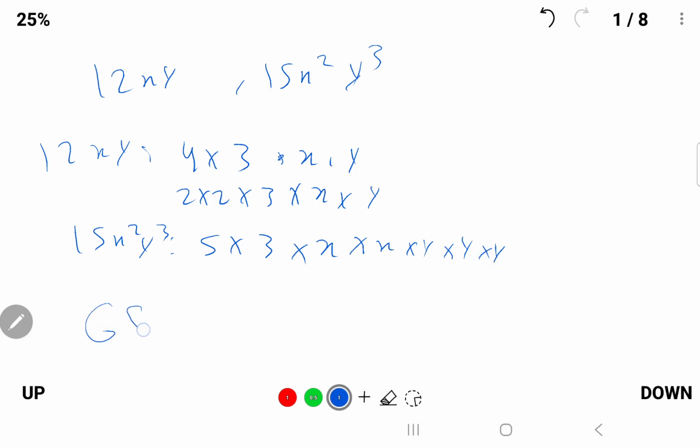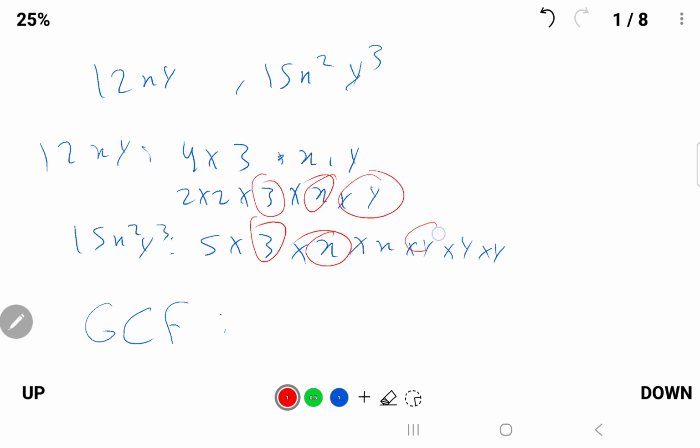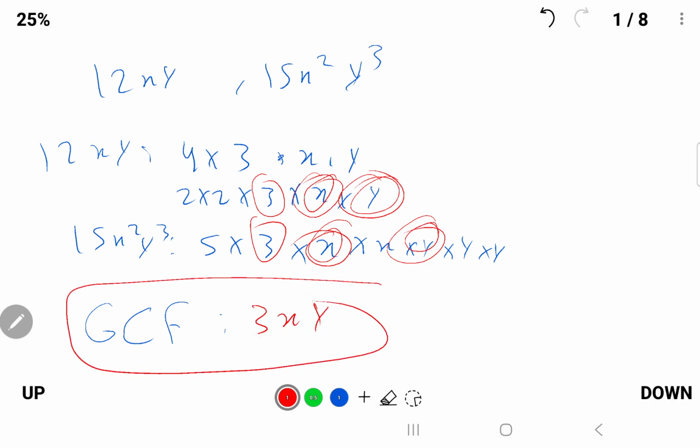So for the GCF, we have 3 in common, and x and y, one x and one y. So the GCF is 3xy. So this is the final answer.